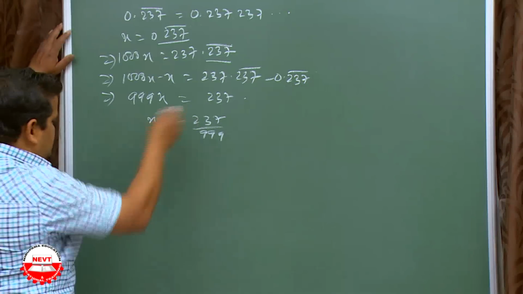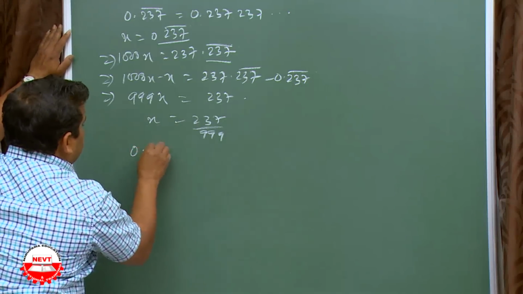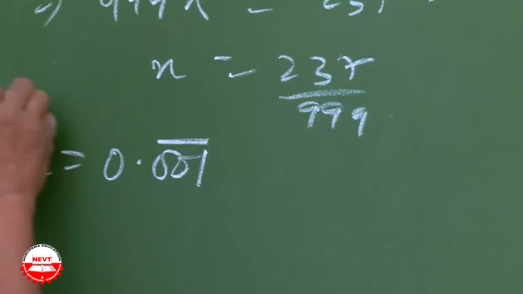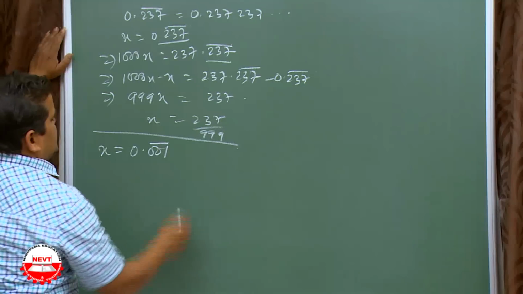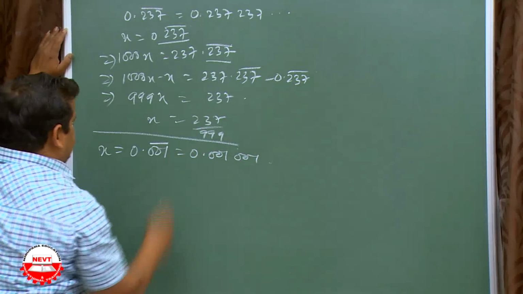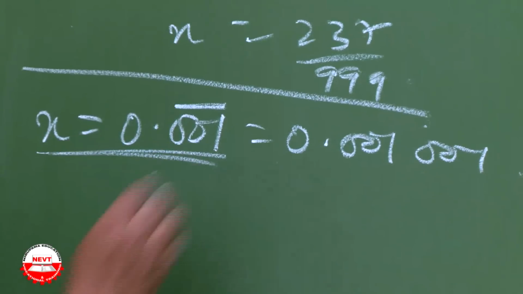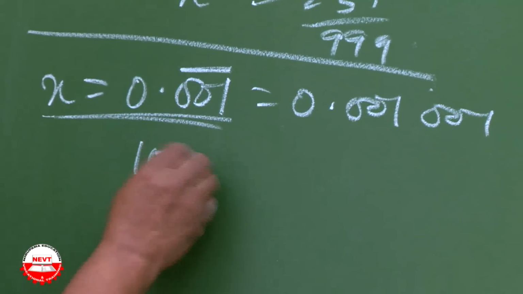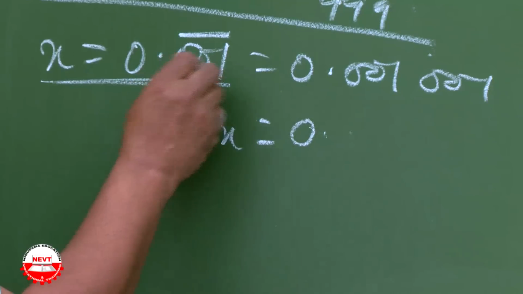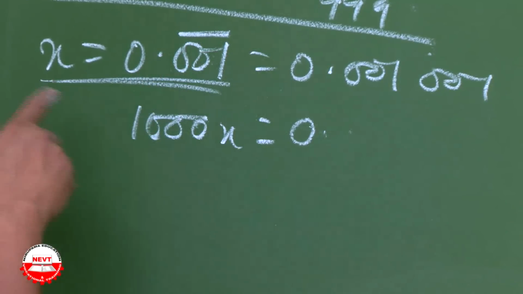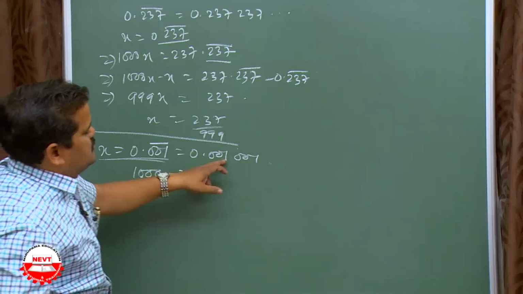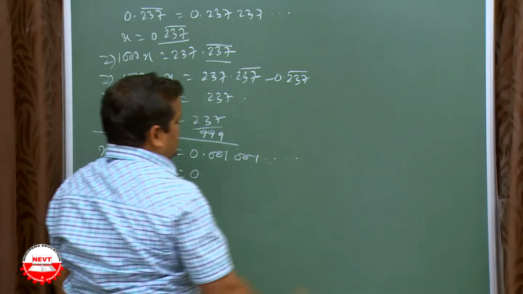Another important question, this is a previous year question, 0.001 bar. How to solve this? You know that it is 0.001 like this. Let x be equal to this much. So directly 1000x is equal to 0.001 bar, meaning once you multiply by 1000, the decimal will come to here, 0.001 like this it will continue.